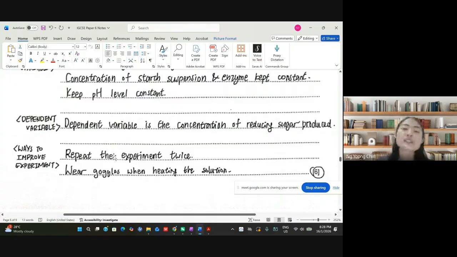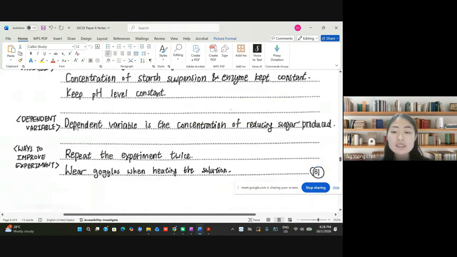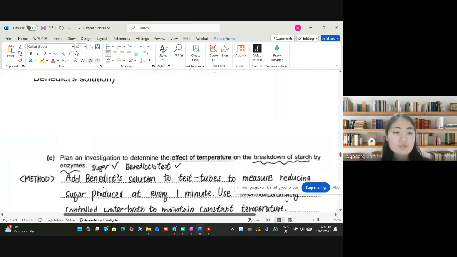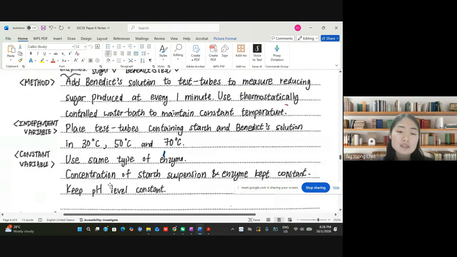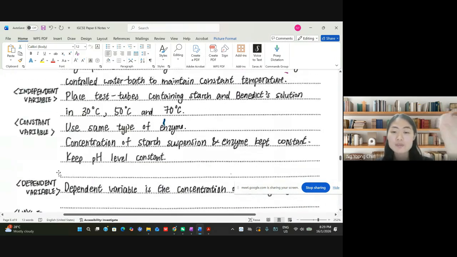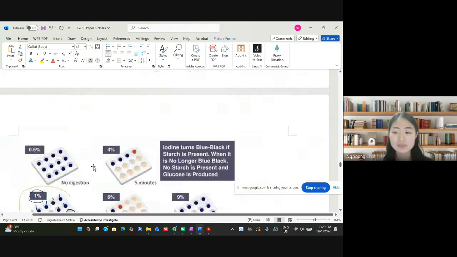Usually these last 2 sentences are already fixed. You can just copy the same sentences in your answer also. So these 2 marks are already fixed. You need to score these 2 marks. So: method, independent variable, constant variables, dependent variable, and ways to improve the experiment. Just like this. Okay, 6 marks.